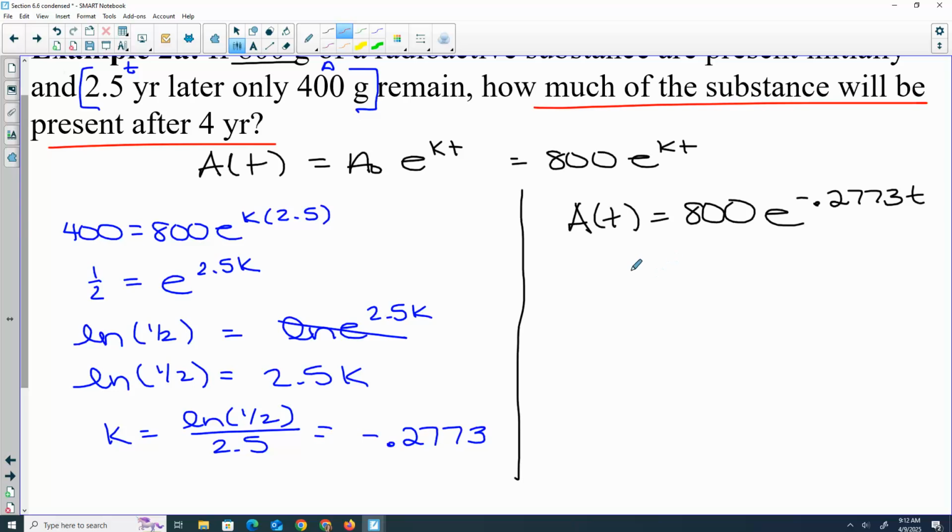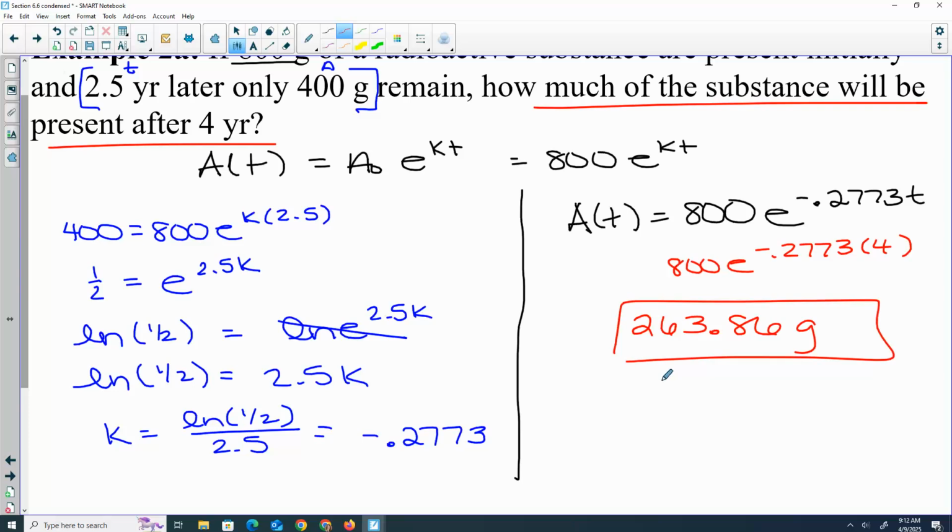So now we can plug in that 4. And I get 263.86 grams remaining.